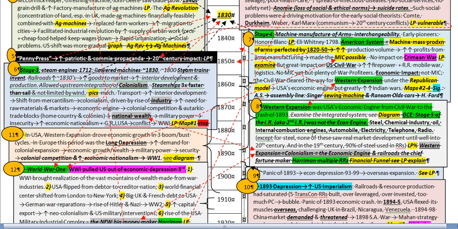Okay, then the fifth stage of the Industrial Revolution was not really an economic engine until the 20th century. It's often cited in the 19th century because that's when things were invented. Steel production, chemical industry got its start.